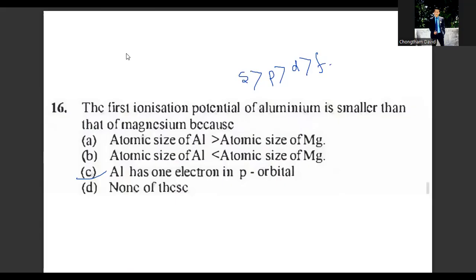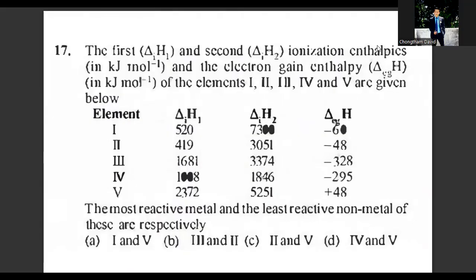17. The first ionization enthalpy, the second ionization enthalpy and the electron gain enthalpy of the elements 1, 2, 3, 4, 5 are given. The most reactive and the least reactive non-metals of these are respectively. So this 1 represents lithium, 2 represents potassium, 3 represents bromine, 4 represents iodine, and 5 represents helium.